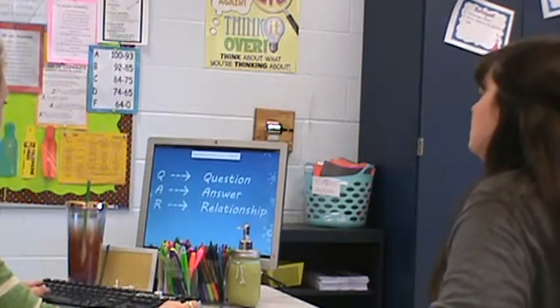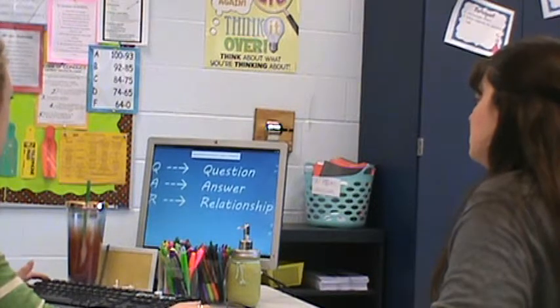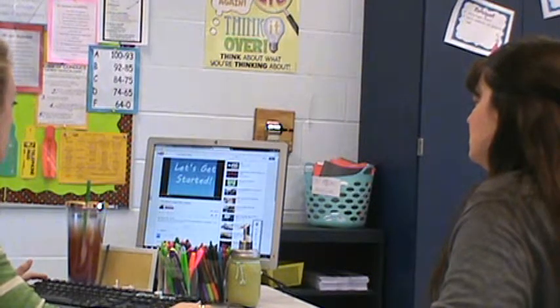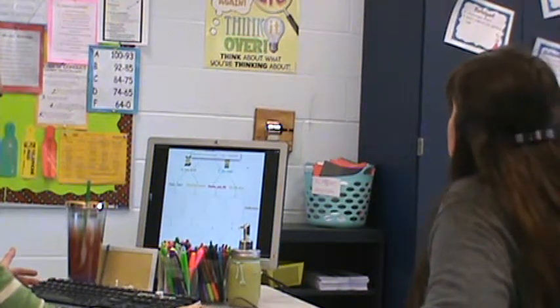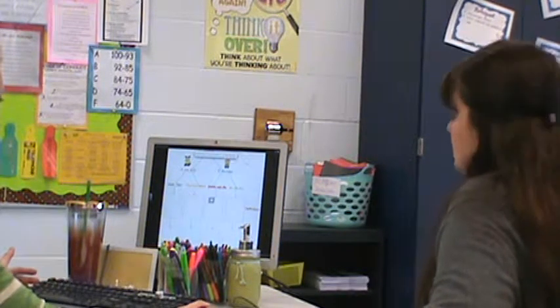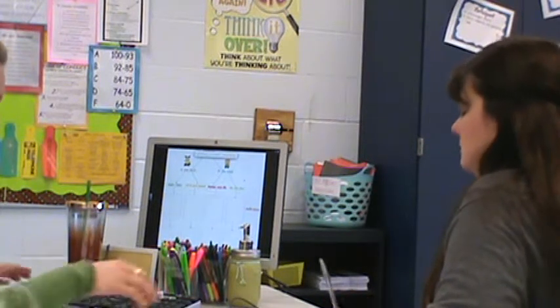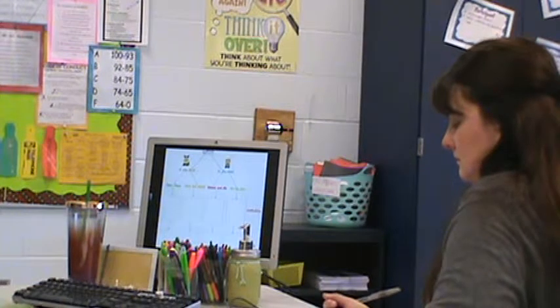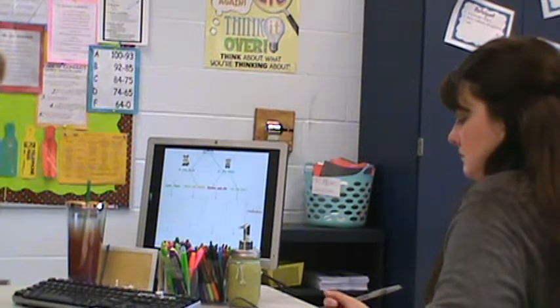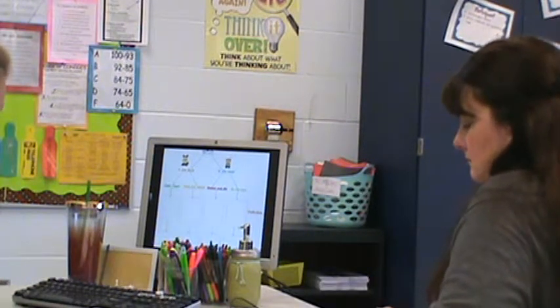It will help you to think more deeply about the books that you read. So let's get started. Please use your graphic organizer to follow along with the book. There are two types of questions to ask about a story. The first is called in the book. In the book questions require answers that are found within the text.